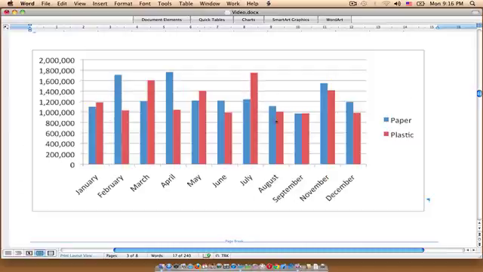So starting from January and ending in December, it's very difficult to see a progression in one direction at any point of the year for either plastic or paper. It seems to be that the entire graph is very volatile.